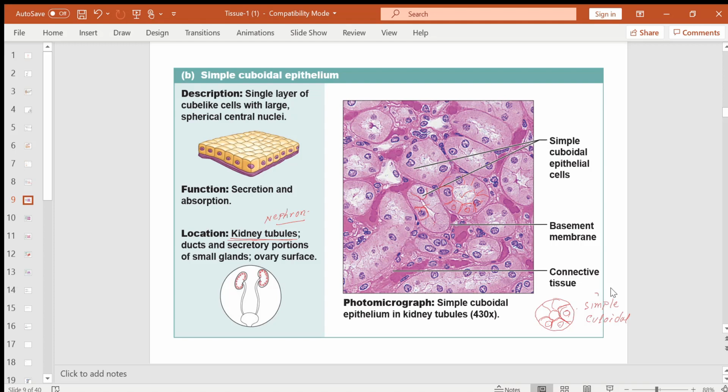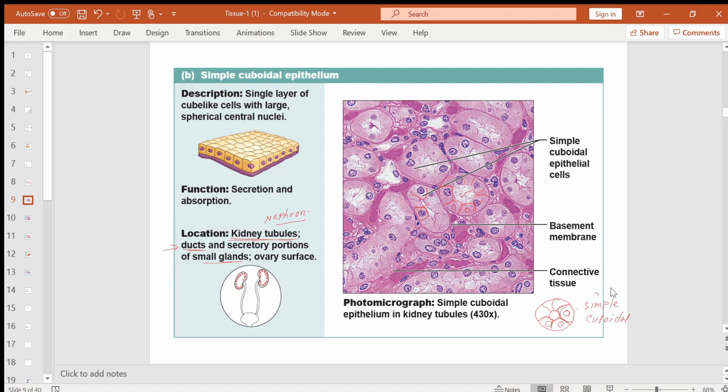Also, inside the glands, you have ducts of the small glands. You know ducts are tube-like structures too. So in the wall of the ducts of the glands, you will find simple cuboidal. So remember those two locations.